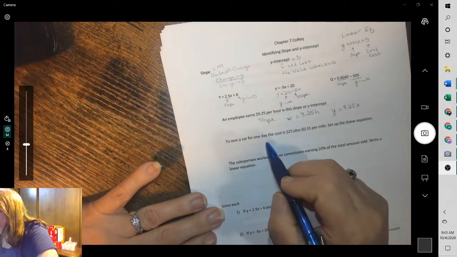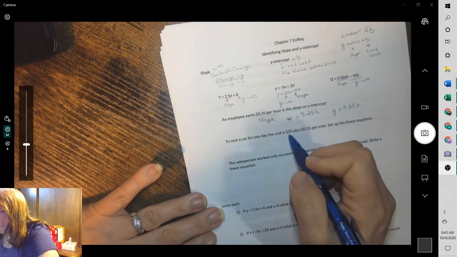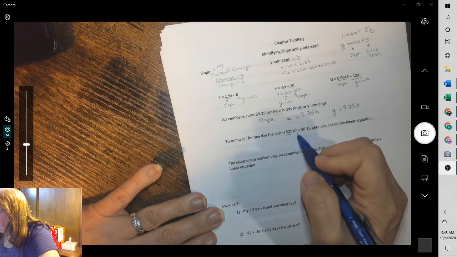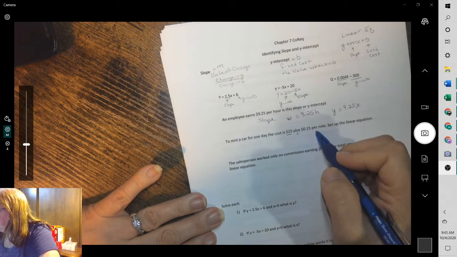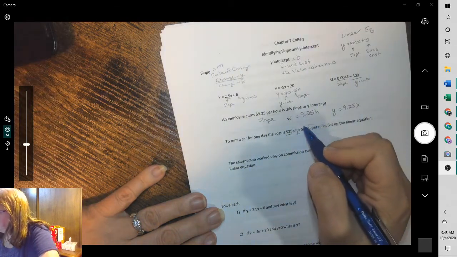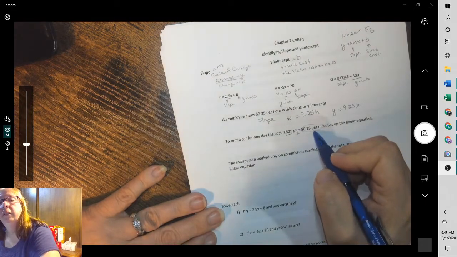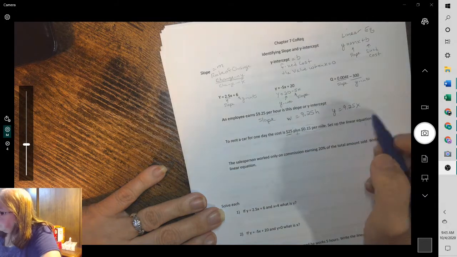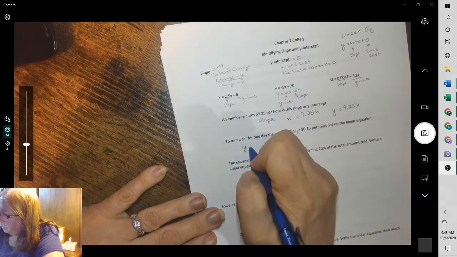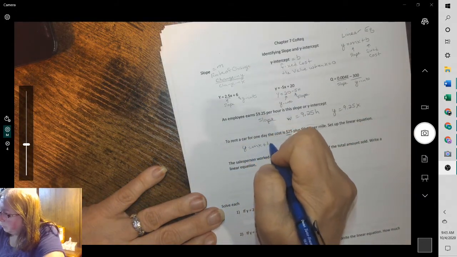To rent a car for 1 day, the cost is $25 plus 15 cents per mile. This is our slope. Per mile, that makes it a rate. Set up a linear equation. So we have y equals mx plus b.